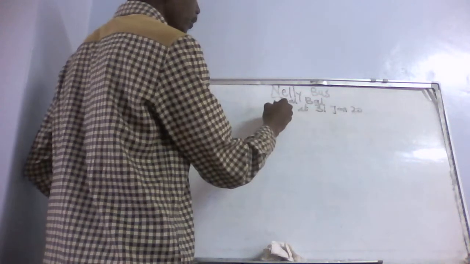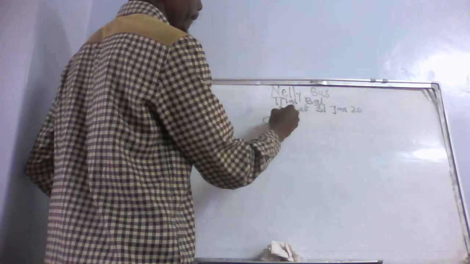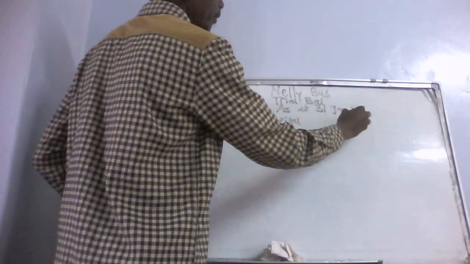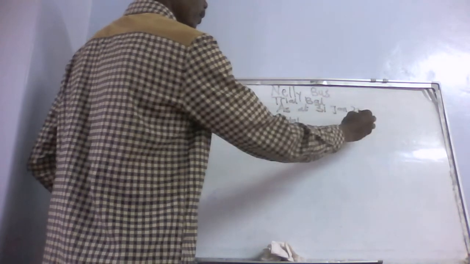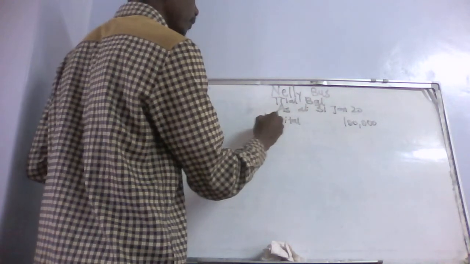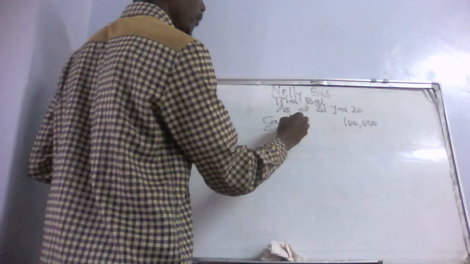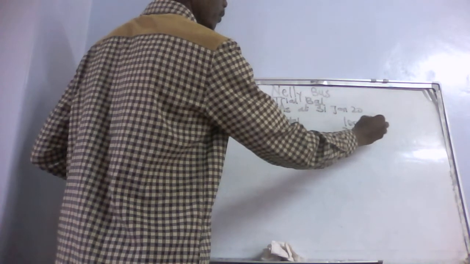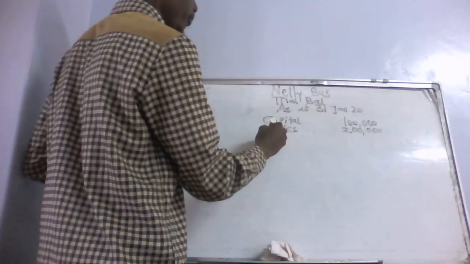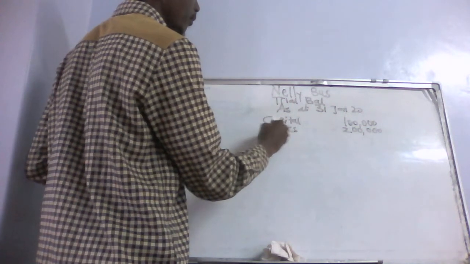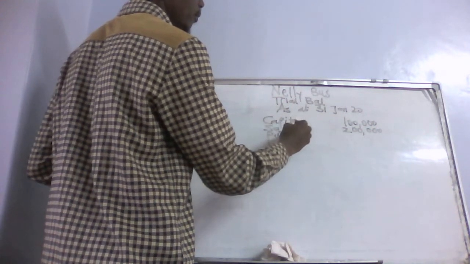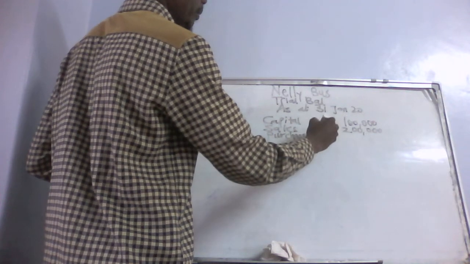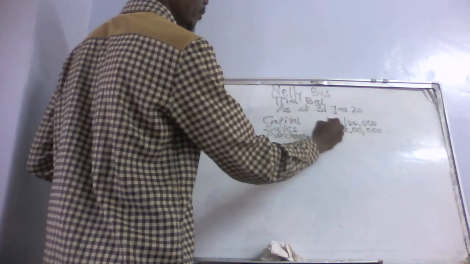So I have capital, let me say 100,000. I have sales or revenue, 200,000. I have purchases, let me say 120,000.